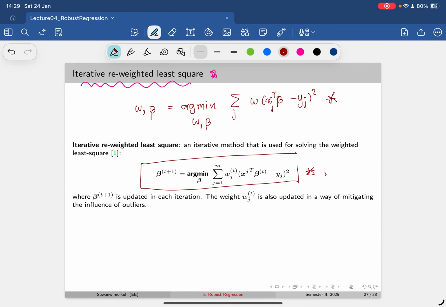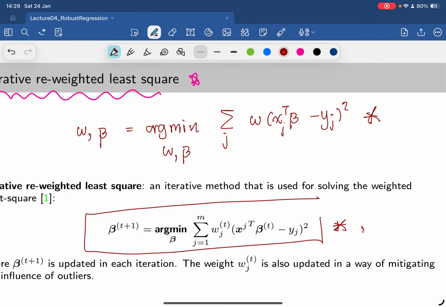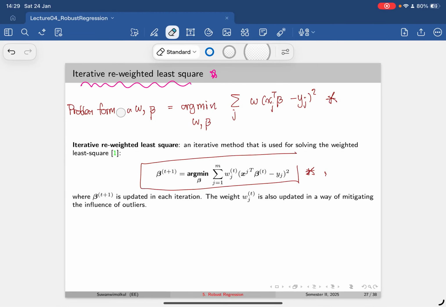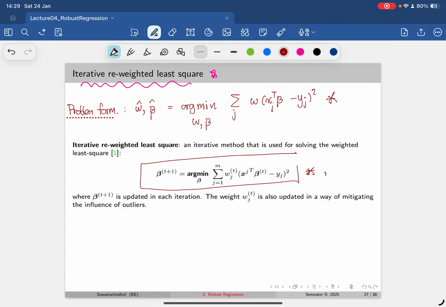Okay, I'll just put it as the problem form. But this is more like the update statement.